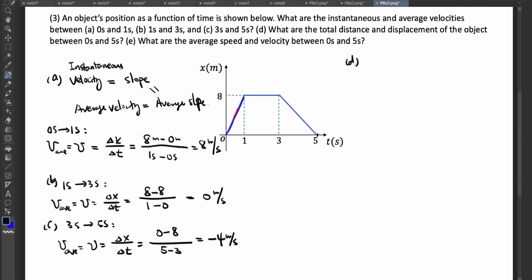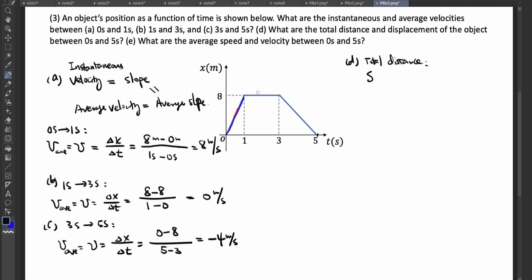Now question D, what are the total distance? I'm going to use the symbol S to represent distance. Total distance should be the summation of the distance in each section, right? Between 0 and 1, the distance is 8 meters, and between 1 and 3, it would be 0, because the object is not moving.